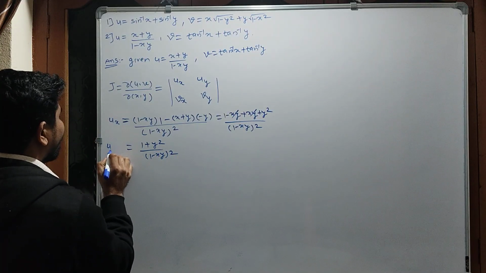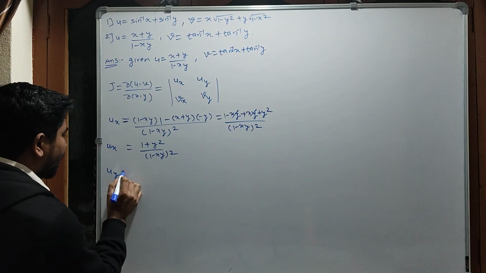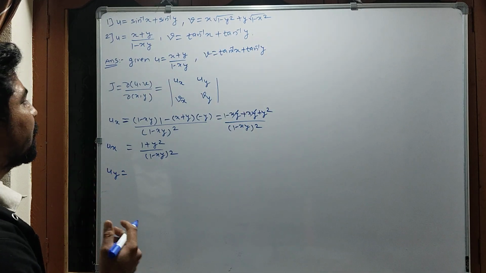Now this is my ux. I want to find uy, the partial derivative of u with respect to y.